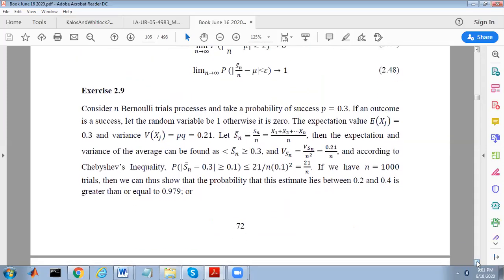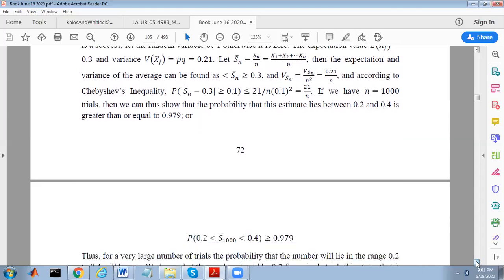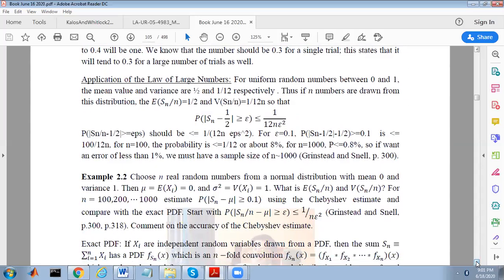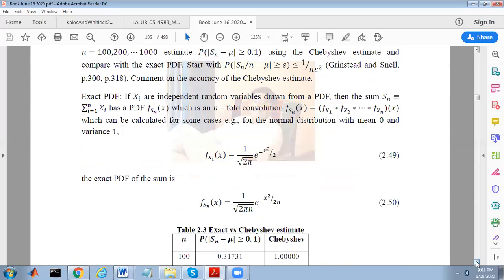So consider n Bernoulli trials, where an outcome is a success or a failure. This is a standard problem. I'll let you do it yourself to convince yourself of the estimate of being away so many standard deviations. And here's the application of the law of large numbers. We'll come to all this when we do our assessments and examples.